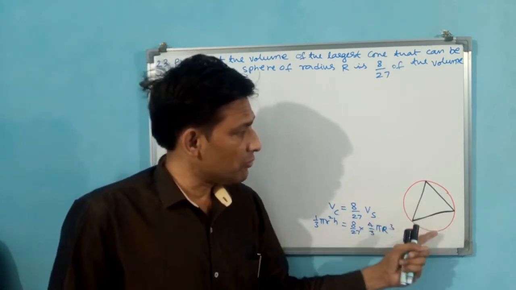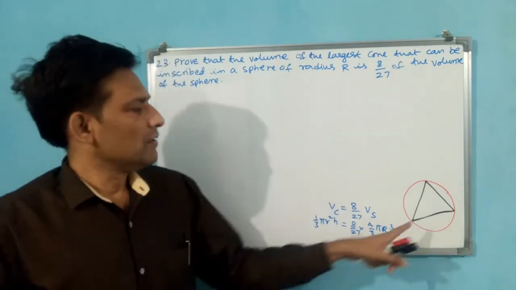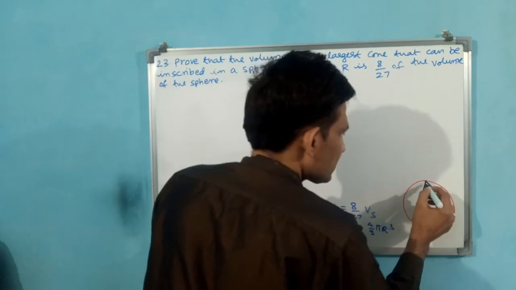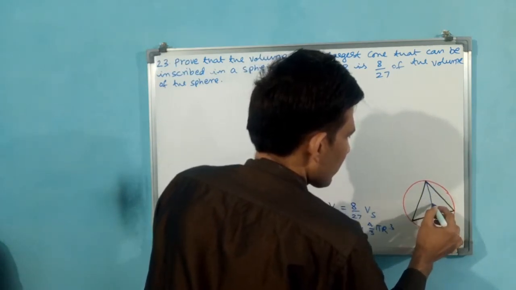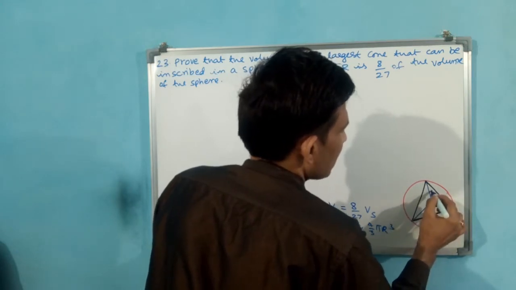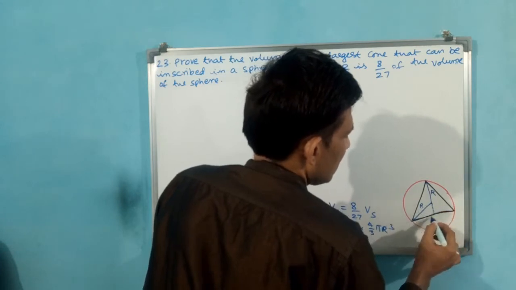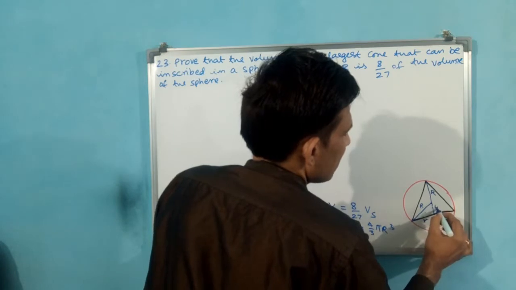Naturally, if two objects are there, we should not take the same symbols. For the sphere, capital R is the radius. For the cone also the bottom radius will be there, the bottom is circular, so for this we will take small r. You see how I am taking. This is capital R, this is capital R. Up to here this is small r, and this you take y.